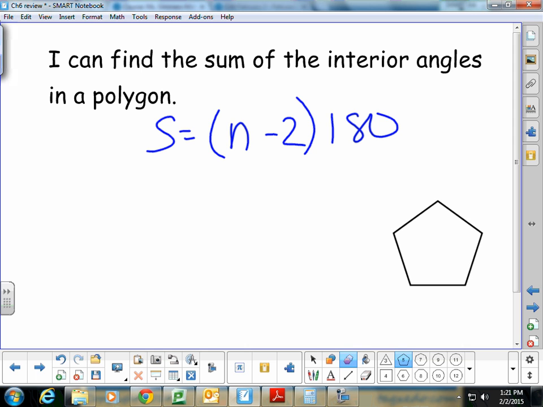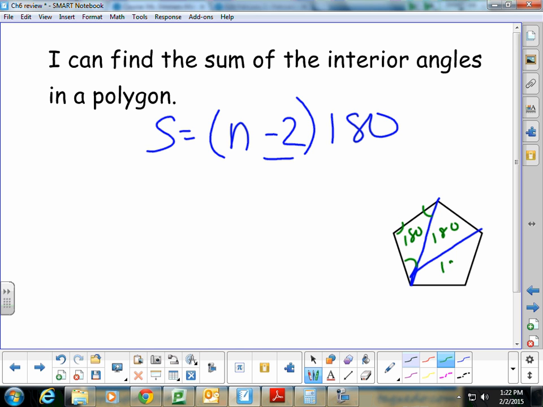The reason you subtract 2 is because you go from one vertex, and bear with my non-straight lines, there are two less triangles in a shape than there are sides. So there are 3 triangles in a pentagon, a 5-sided figure. The reason we multiply by 180 is because each triangle adds up to 180 degrees. So that's why you end up multiplying 3 times 180 for a pentagon.